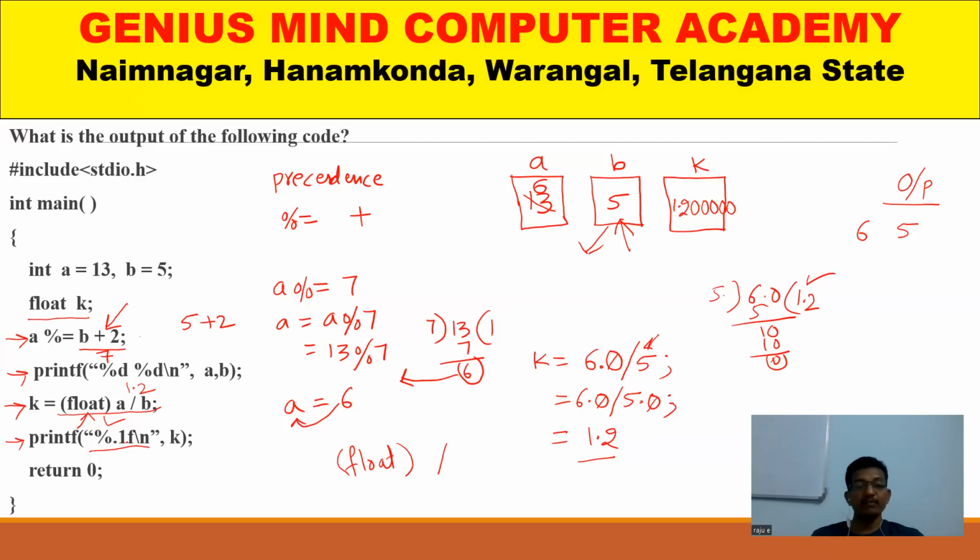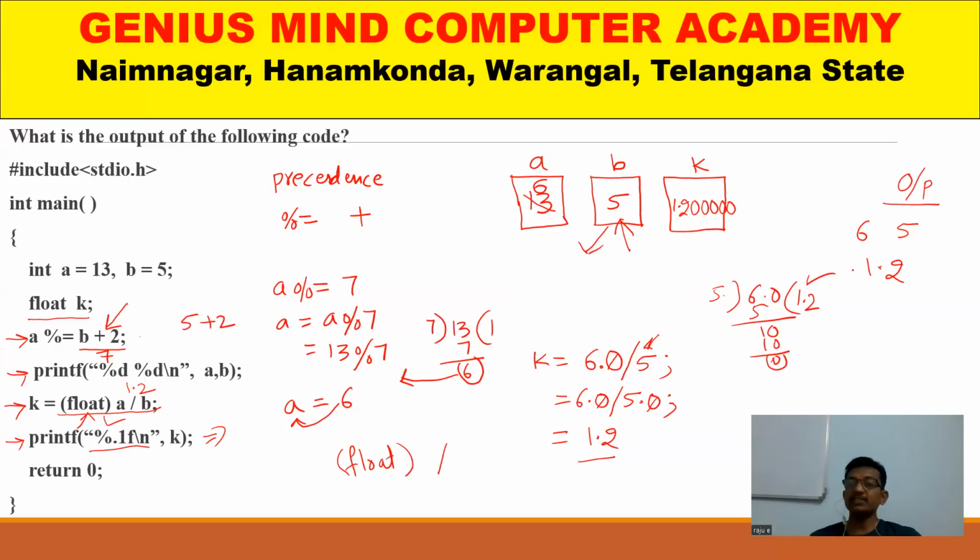So print the value of k up to 1 decimal place. Here it has stored up to 6 decimal places, but in this format, the output is 1.2. So the remaining trailing zeros will be removed and only 1 decimal place is printed, 1.2.